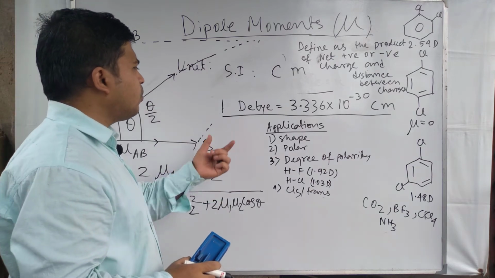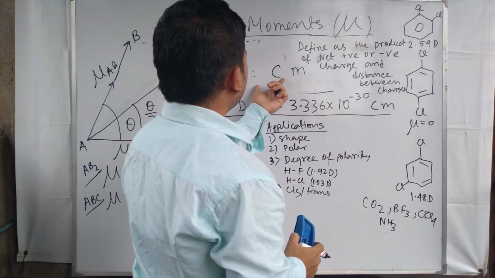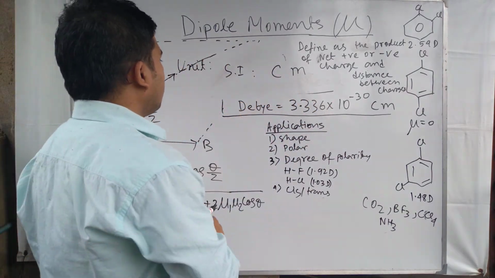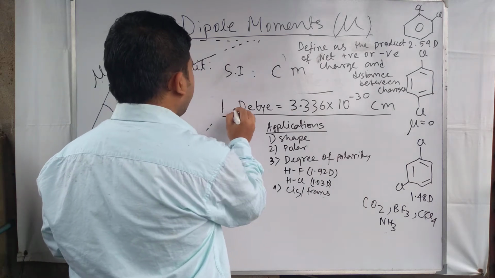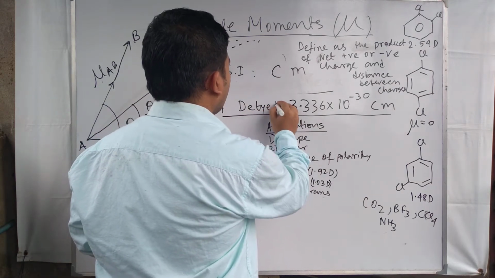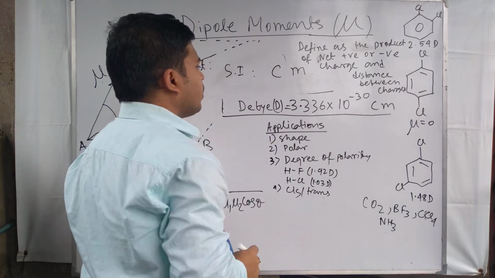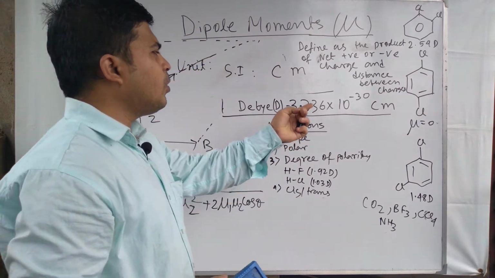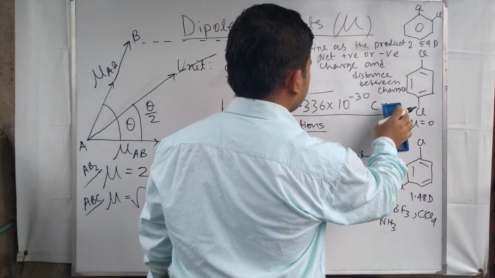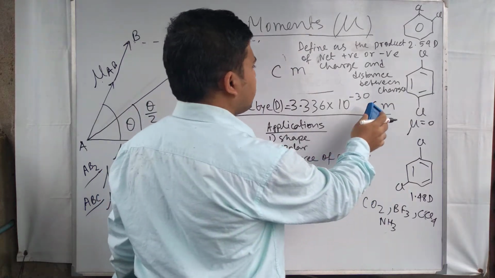You can write debye as a capital D also, and this is in coulomb meter, not centimeter.